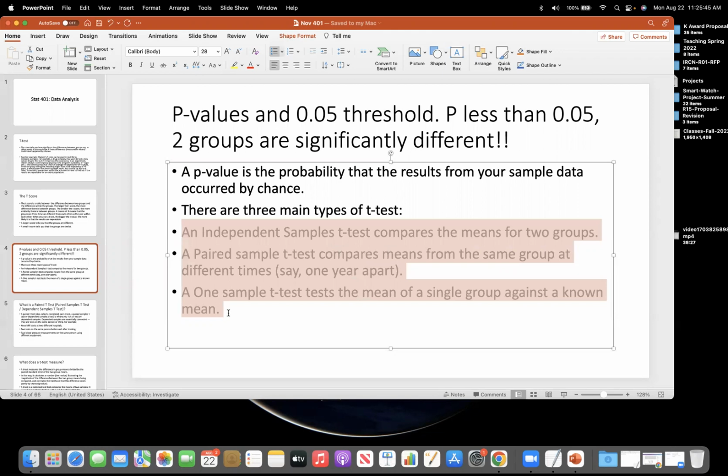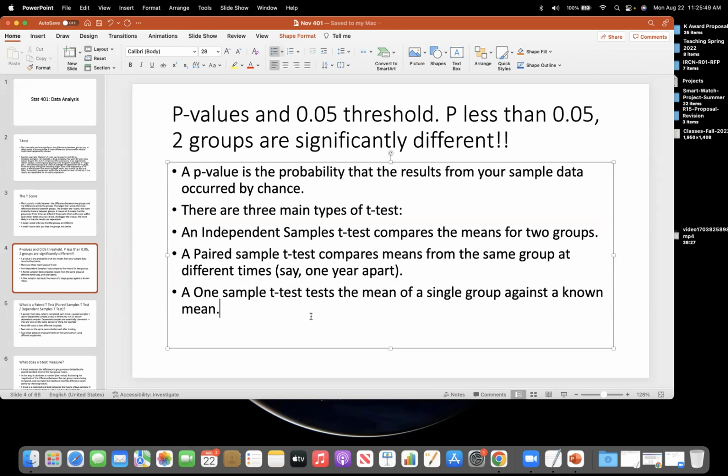This may be a little confusing, but to remember these three tests, I just look at the groups, right? So if I'm comparing two groups, that test is called an independent test. If I'm comparing within the same group, that is called a paired test.